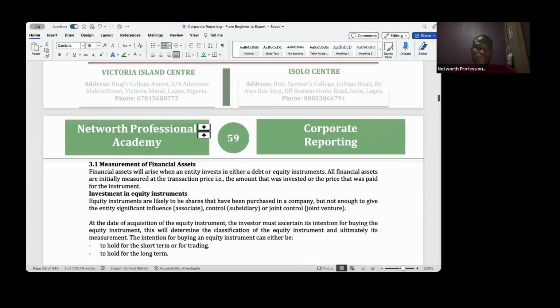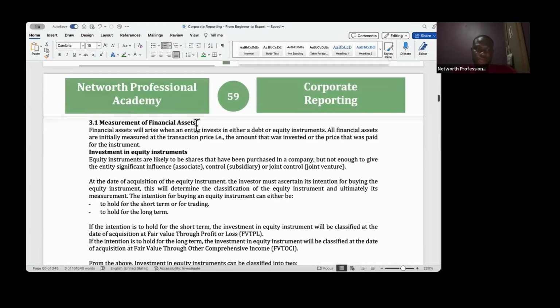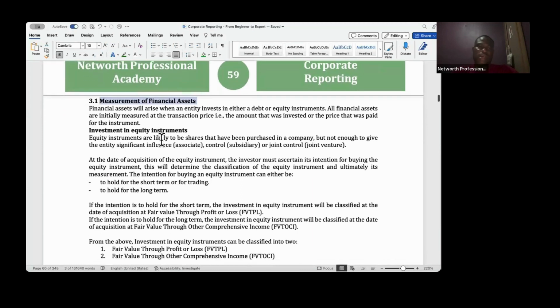So I'm going to start with measurement of financial assets. But don't forget that when we talked about financial assets, I gave you three definitions. The first one is cash. When you want to measure cash, how do you measure it? Your cash is your cash.